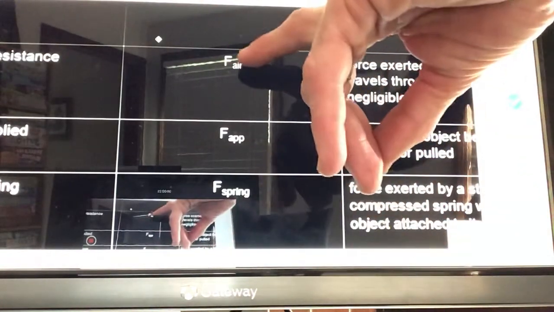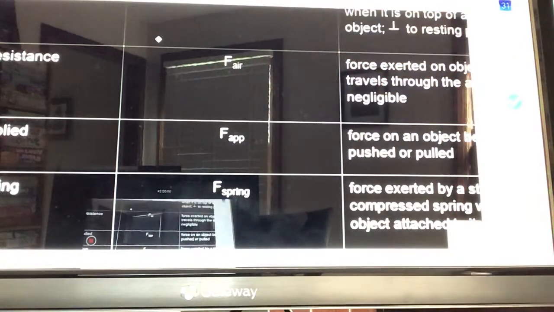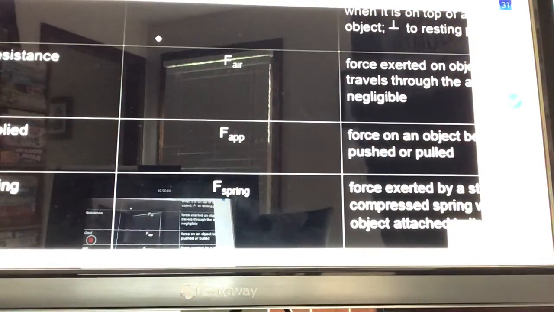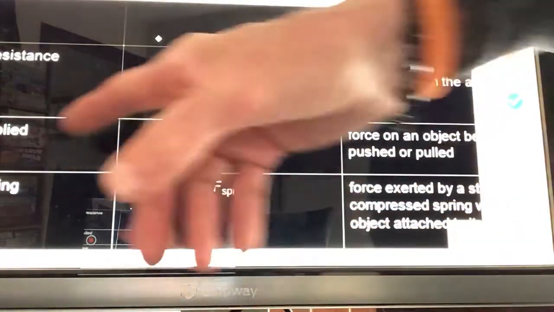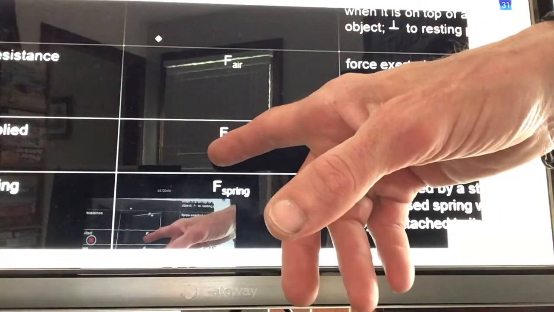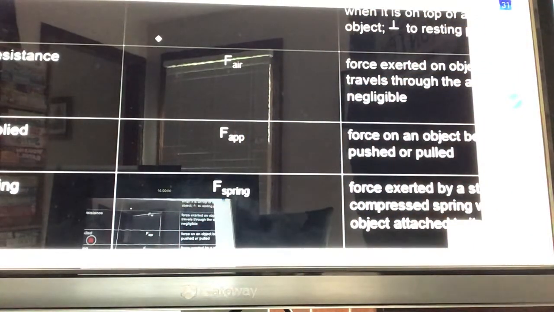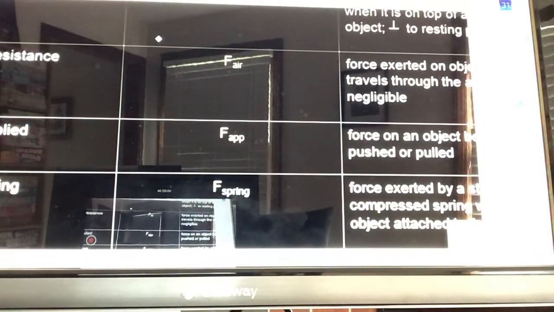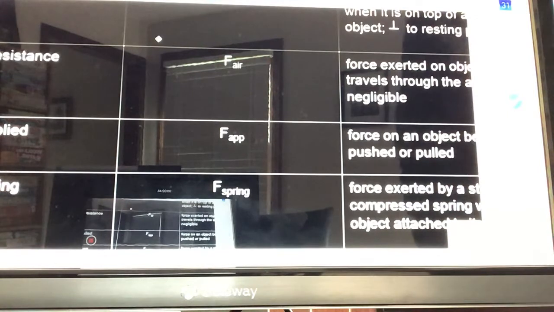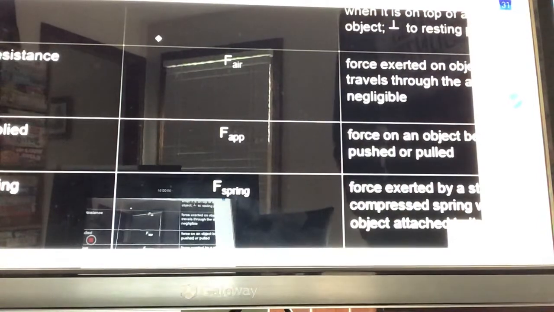Typically they'll use this when something is falling through the air, like a skydiver or a flying squirrel dropping through the air, a bird dropping an egg. The applied force is a push or a pull in that direction. Could be the engine of a car applying force to the wheels, a person pushing a box, pushing a book on a table, an engine driving the wheels in a car.